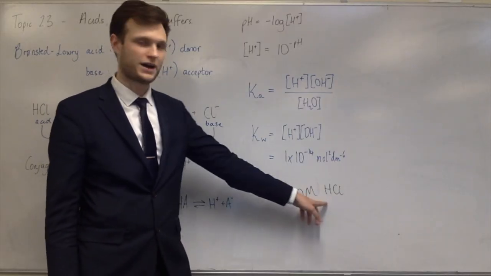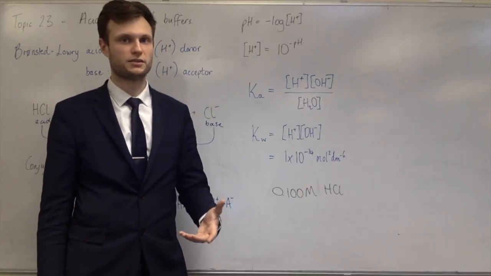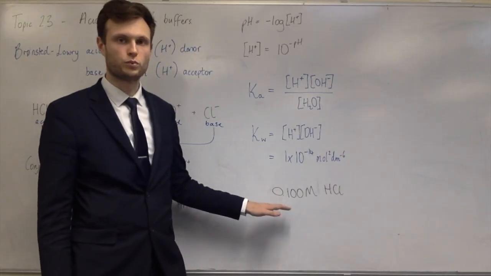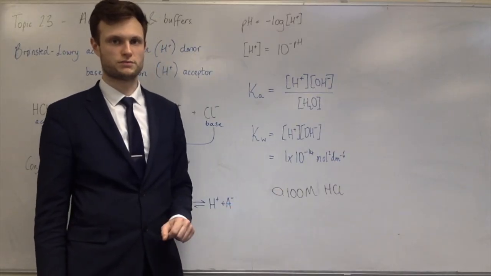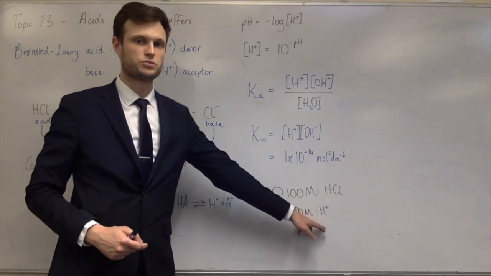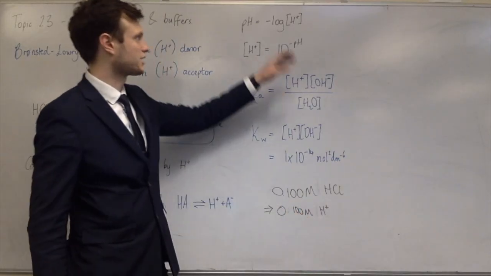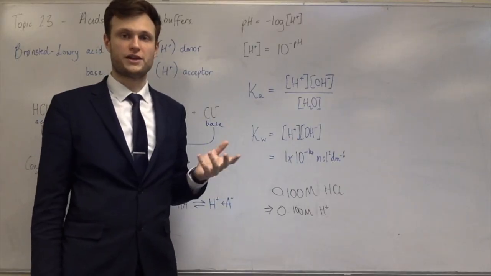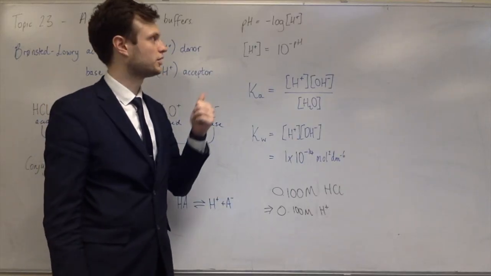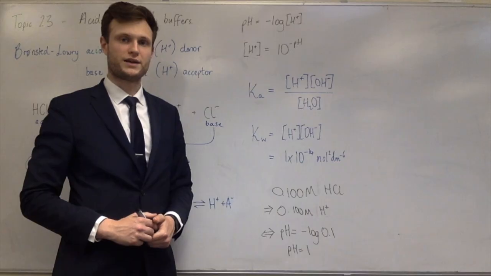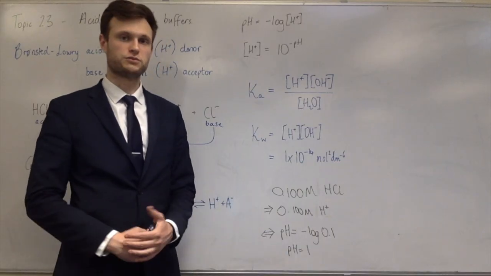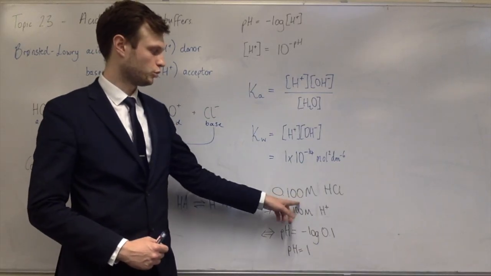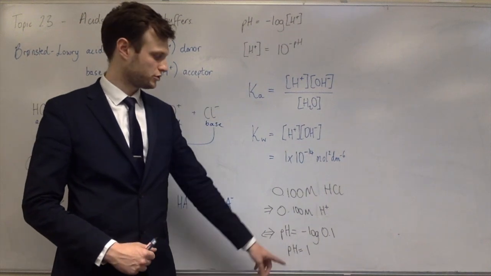That's because every single HCl would split up to make an H plus, and so we're going to have 0.1 molar H plus concentration. And if I've got 0.1 molar H plus, I can use that to calculate the pH, because pH is minus log of H plus concentration. So that's minus log of 0.1. And if you put that into your calculator, it comes up with a pH of 1. So 0.1 molar HCl has a pH of 1.